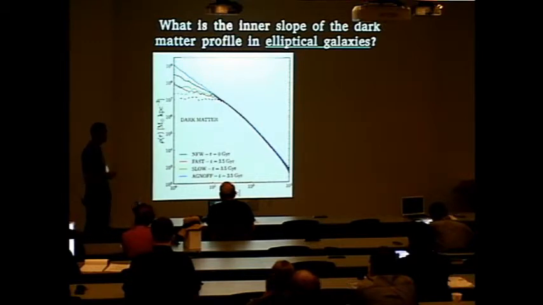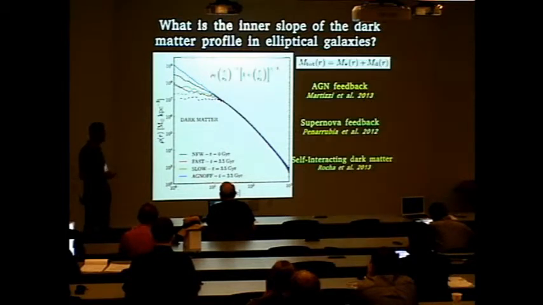In big ellipticals, this is no longer true, as we all know, because the stellar mass is not negligible anymore. Not only is it not negligible, but it is also very uncertain to measure, and this is due, of course, to the uncertainties on the IMF.